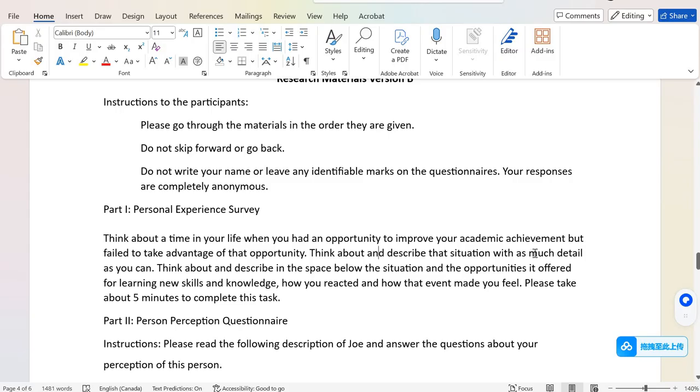Think about and describe that situation with as much detail as you can. Describe in the space below the situation and the opportunities it offered for learning a new skill and knowledge, how you reacted, and how that event made you feel. Take 5 minutes to complete the task.